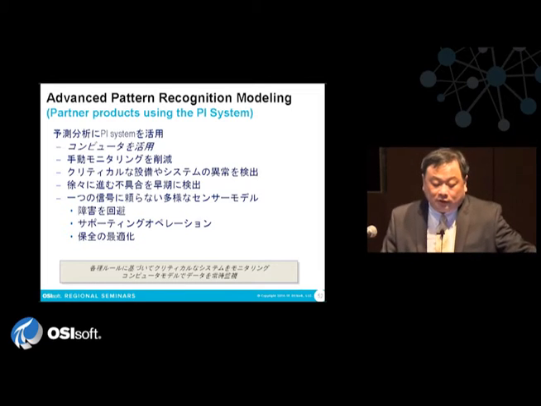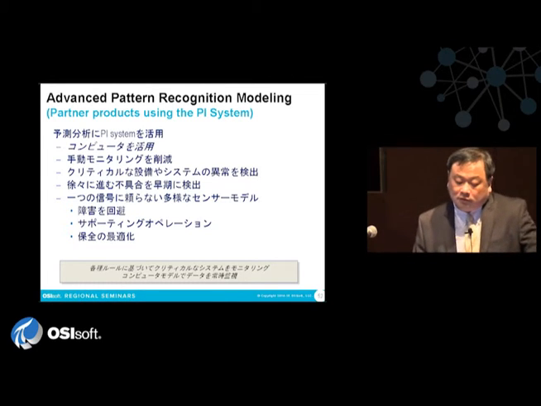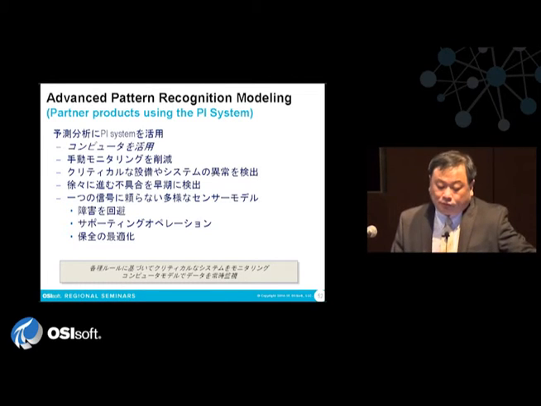It is very good at detecting anomalies on critical equipment and systems for early detection of slow-developing failure. Multiple-sensor models, not just a single signal threshold, help avoid failure, support operation, and optimize maintenance.